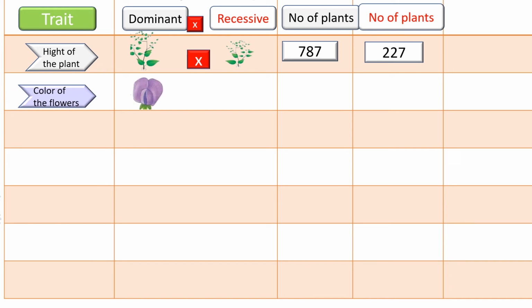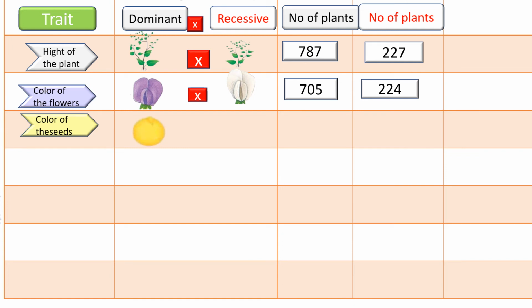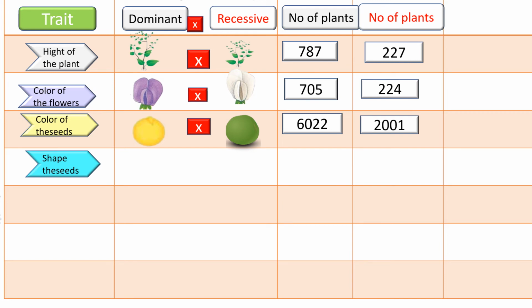Purple flowers, white flowers: 705 purple flowered plants, 224 white flowered plants. Color of the seeds: yellow seeds, green seeds: 6,022 yellow seeded plants, 2,001 green seeded plants. Shape of the seeds: round seeds, wrinkled seeds: 5,474 round seeded plants.